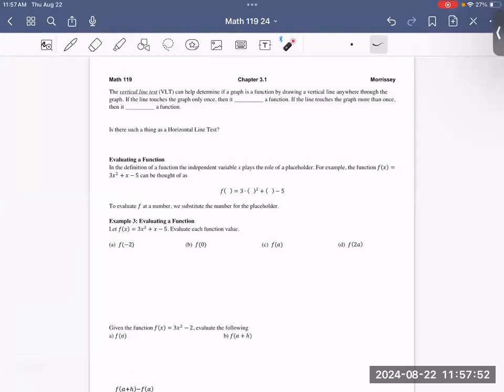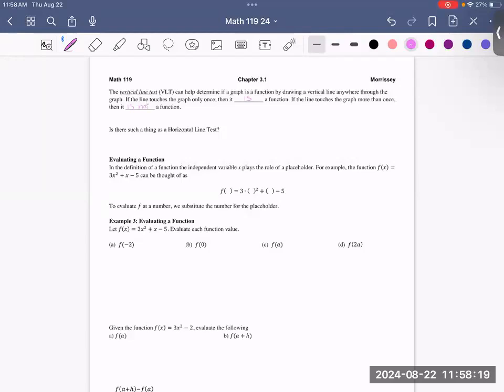So kind of to define that vertical line test one last time, we just talked about the vertical line test that can determine if the graph is a function by drawing a vertical line anywhere through the graph. If the line touches the graph only once, then it is a function. If it touches more than once, then it is not a function.